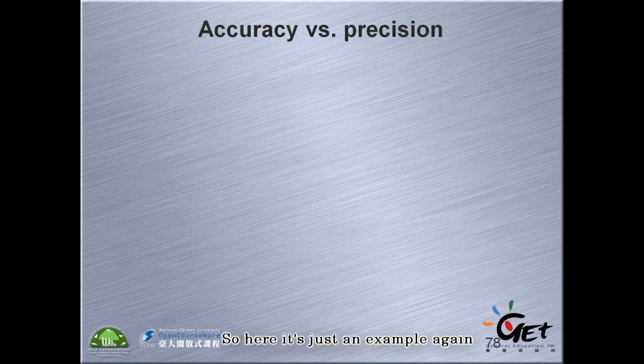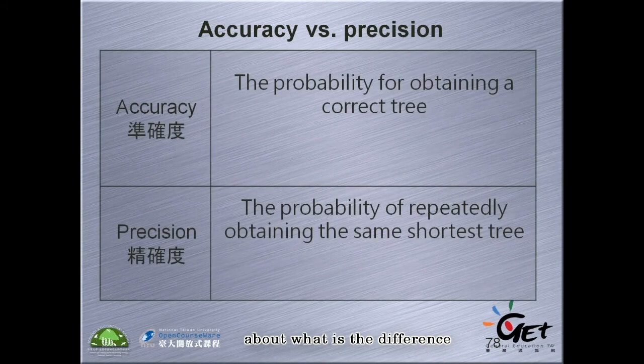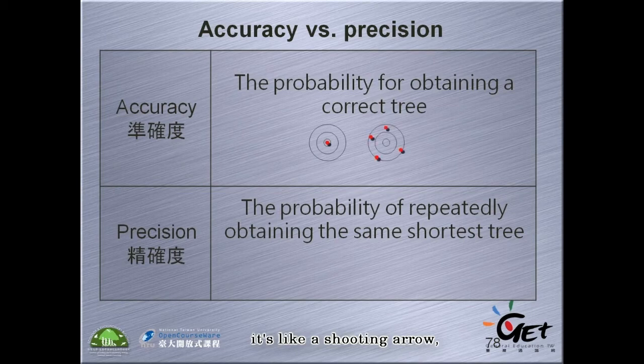So here is just an example to tell you again the differences between accuracy and precision. The accuracy is the probability of obtaining a correct tree. For example, it's like shooting arrows. In the best case, everything points to the same spot, and that's very accurate.